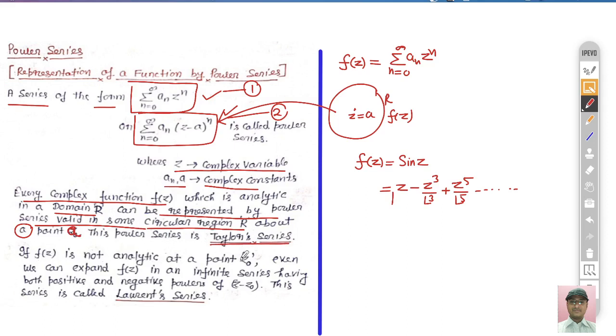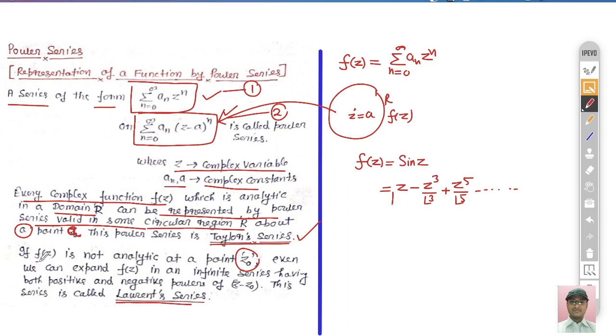If f(z) is analytic inside this domain, then it is okay. It expands this function as a positive power of z, so it is called the Taylor series. If we expand this function f(z) as a power of both positive and negative, then it is the Laurent series.